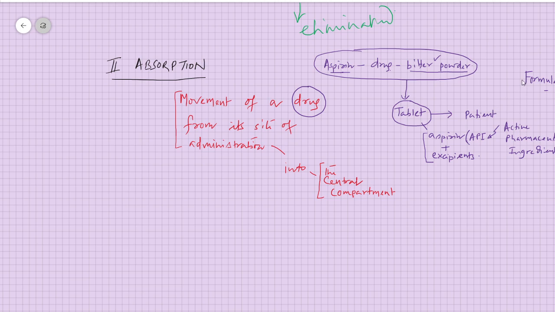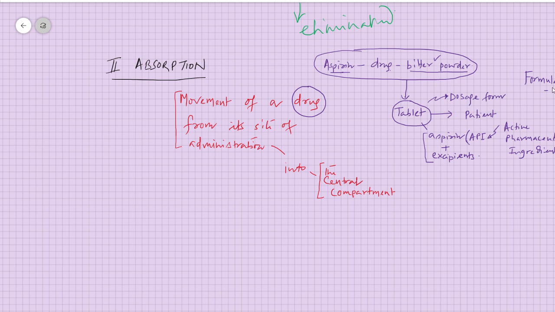Let me repeat that again. Formulation is all the processes by which the active pharmaceutical ingredient is mixed with excipients to form the tablet. This tablet is called a dosage form.